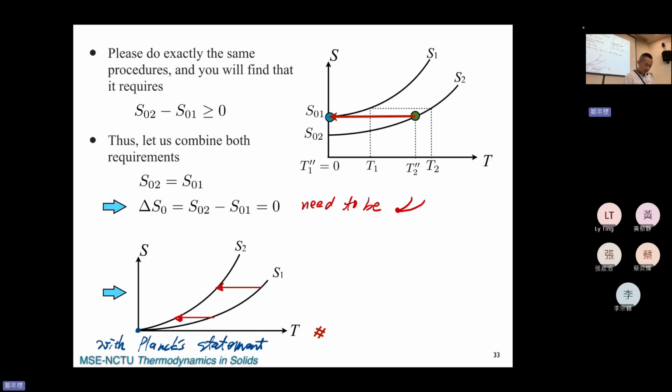We can still do this, but we found that every step we need to go like this and that, this and that, which means that we will never reach the final point. Each step gets smaller and smaller. All right, so that's how we cannot attain zero K.